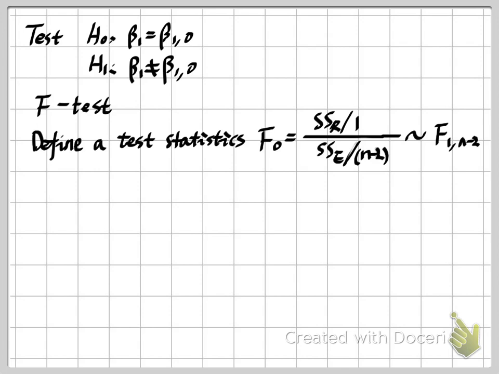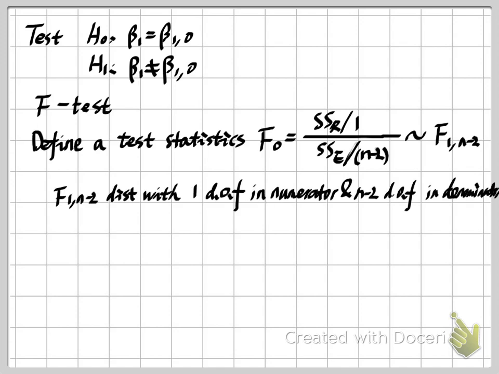If you look at any statistics table, we also have this F table. So let me write this F 1, n minus 2 distribution. This is a distribution with 1 and n minus 2 degrees of freedom.